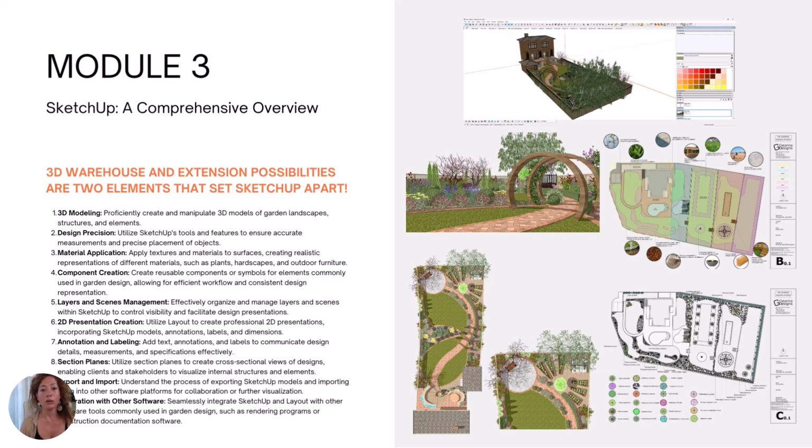The 3D Warehouse is SketchUp's extensive online library of 3D models, and you have everything from plants to furniture, from all over the world, people and brands adding these models to this amazing 3D Warehouse that's free to use. Okay, so this is one of the most important elements of SketchUp, and the extensions. The extensions offer an architecture that enables users to extend the functionality by installing extensions.